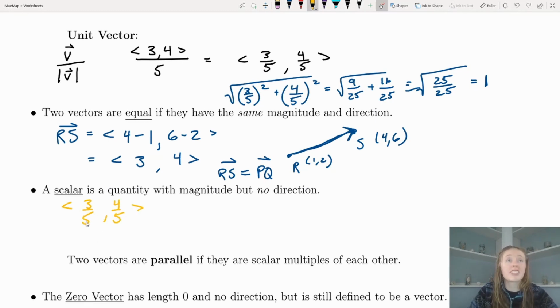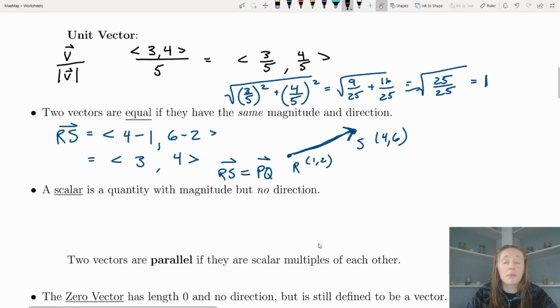That was the unit vector in the same direction as vector V. If I wanted something in the opposite direction, I would just multiply this whole thing by a scalar of -1. Doing that would give me the vector -3/5 and -4/5. So the opposite direction of vector PQ, but still a unit vector.